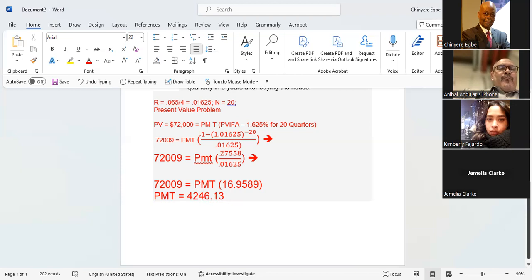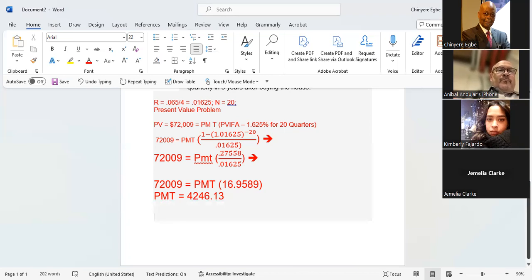So now you subtract. The next stage: how much will I need? Now you ask yourself, can you demonstrate how this amount of money, if you paid it every quarter, will pay off your loan in 5 years, in 20 quarters? That is what we're going to do next.